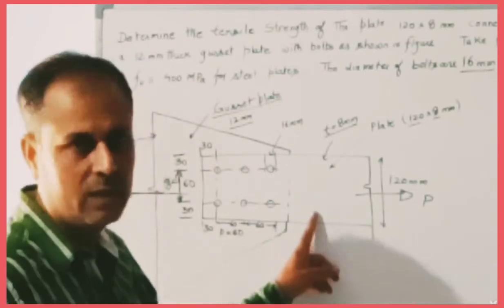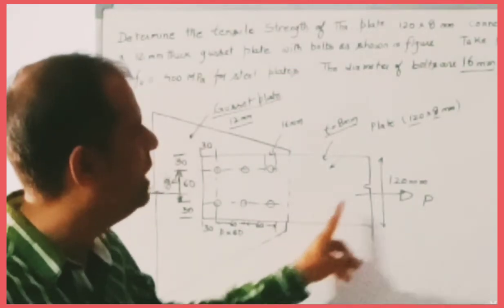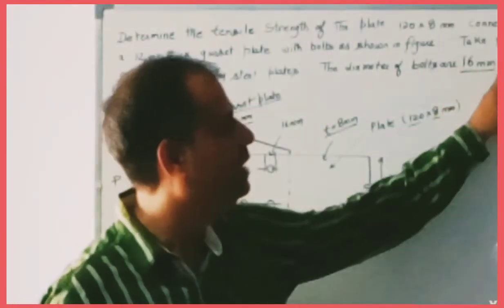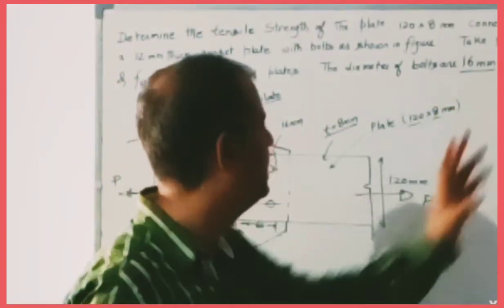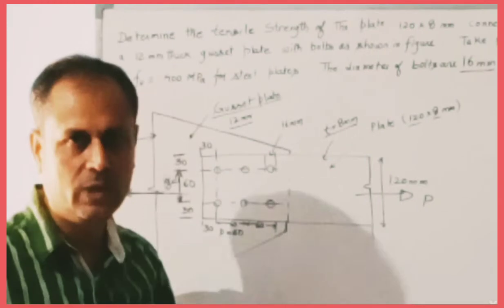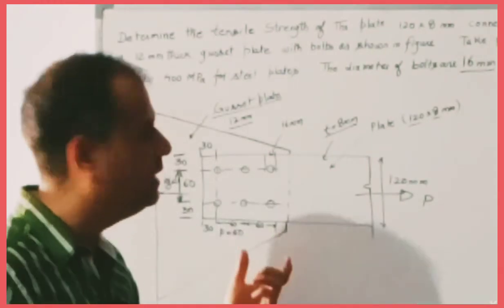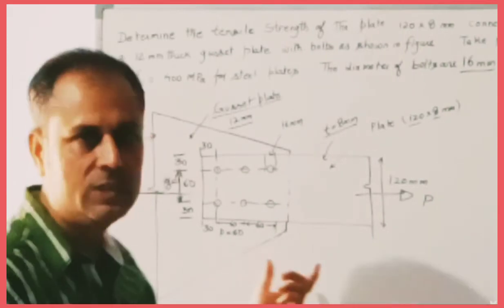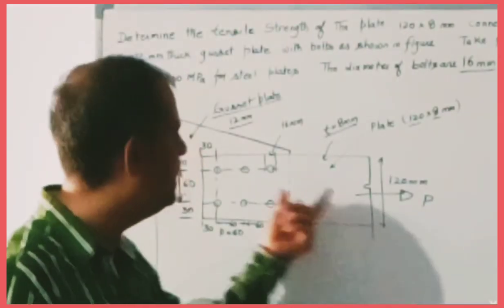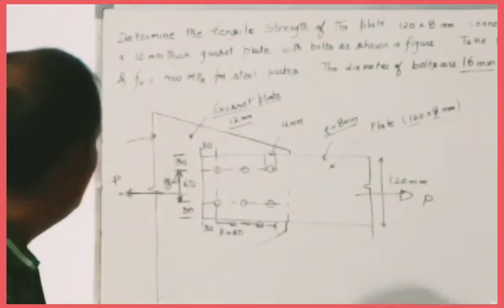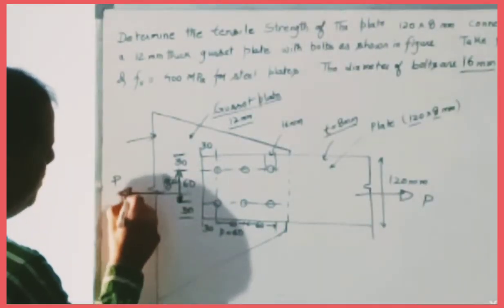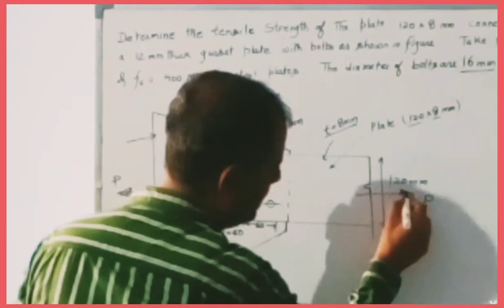Both the plates are made of steel and their ultimate strength is 400 megapascal and yield point strength is 250 megapascal. Now what we are going to calculate is the tensile strength of the connection. The connection is made up of bolts, the tension plate and the gusset plate. Whenever a pull comes, the tension member tends to increase in length.